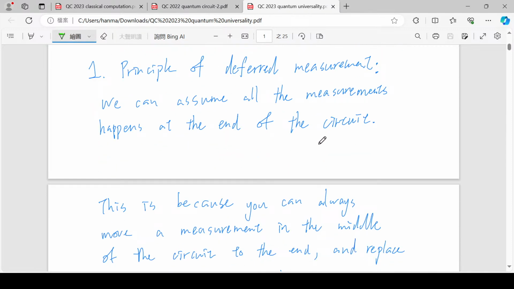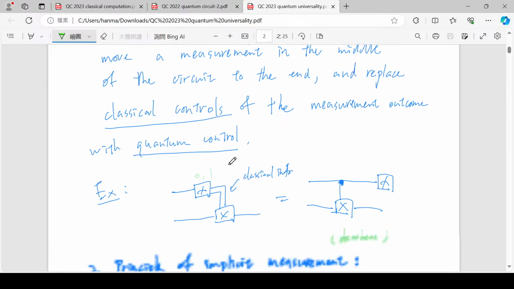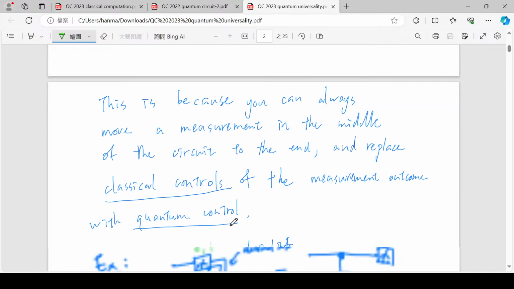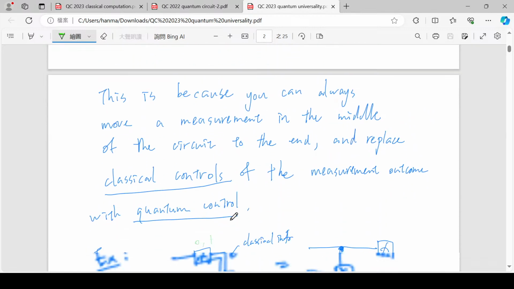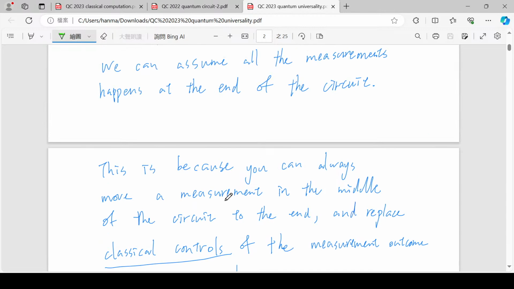We can assume all the measurements are done at the end of the circuit, because if there is some measurement in the middle, you can replace it with a controlled unitary.